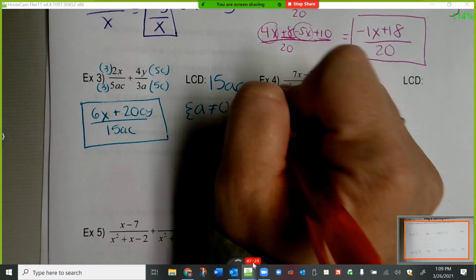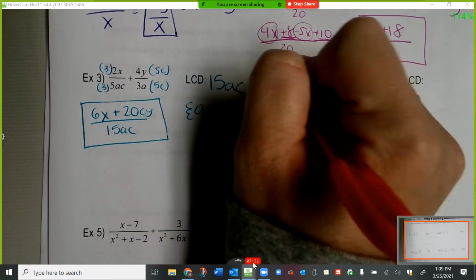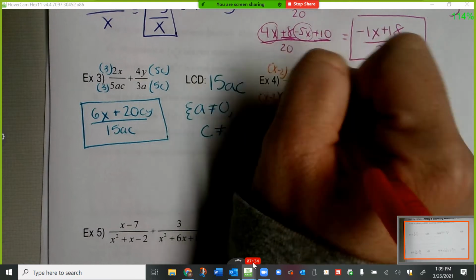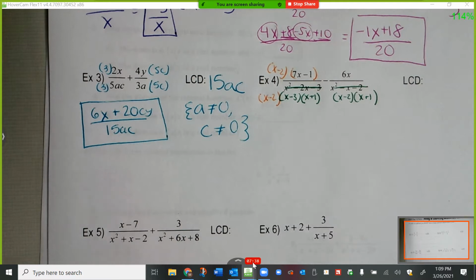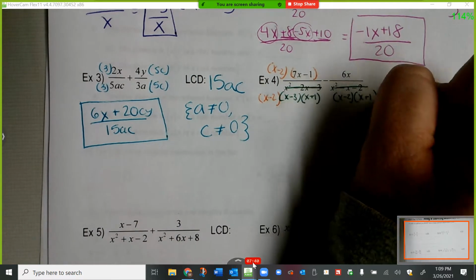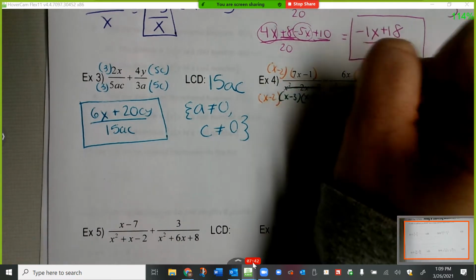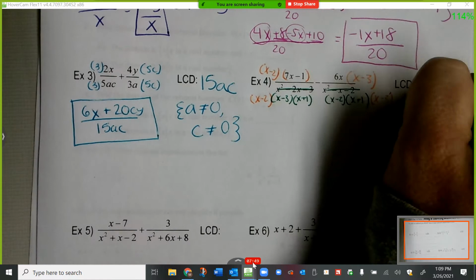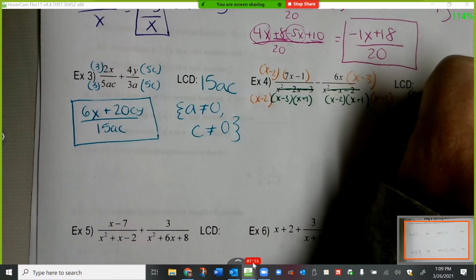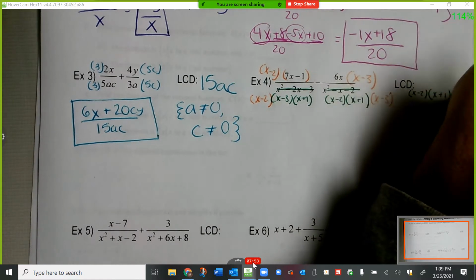That x minus 2. So we have to give it to this one. Now what does this one have that that one doesn't? Now, I want you to realize our least common denominator is x minus 2, x plus 1, x minus 3.